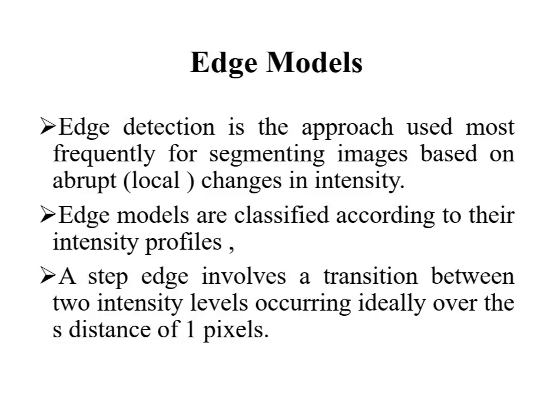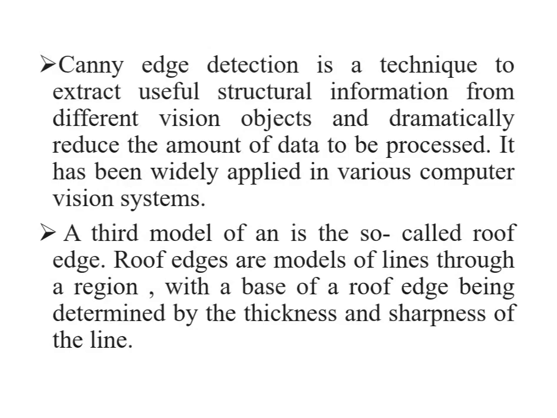The pipe appears brighter and thus creates an image similar to the model in the figure, as shown in figure C. As mentioned earlier, other areas in which roof edges appear routinely are in the digitization of line drawings and also in satellite images, where thin features such as roads can be modeled by these types of edges.